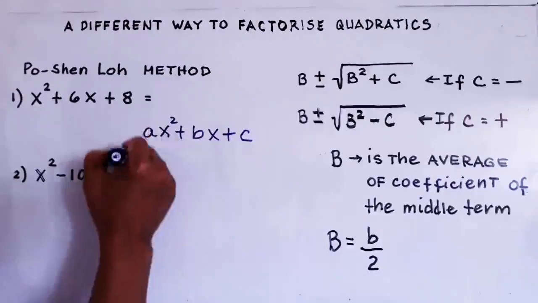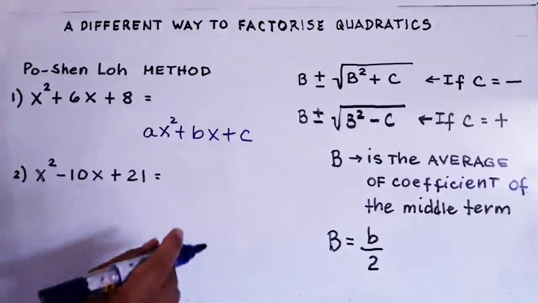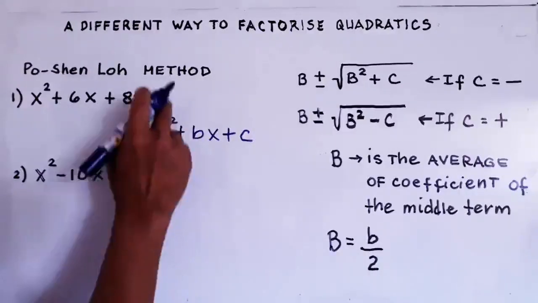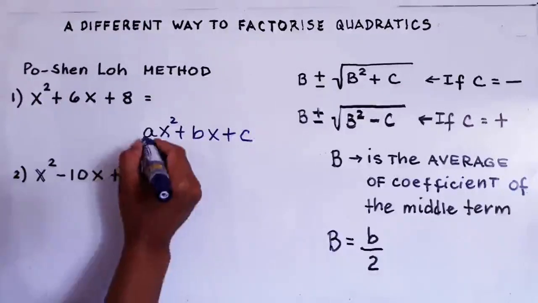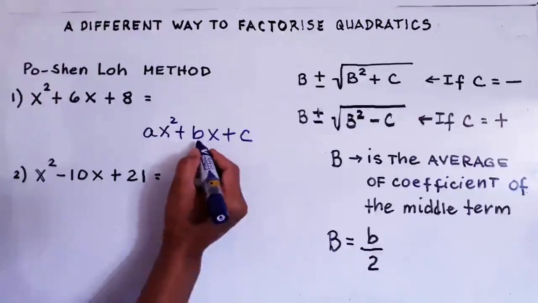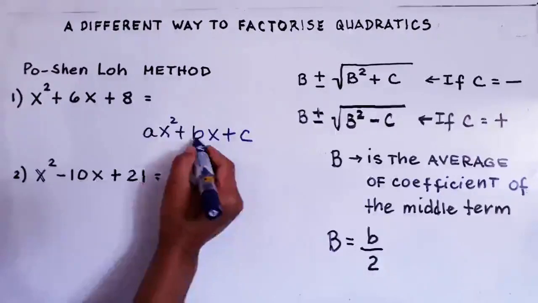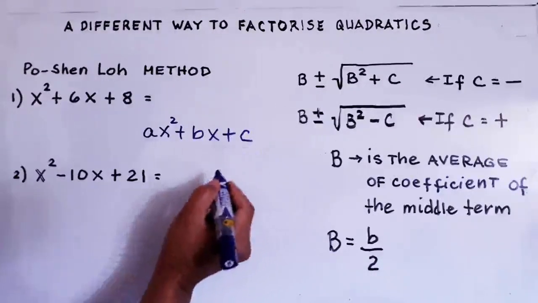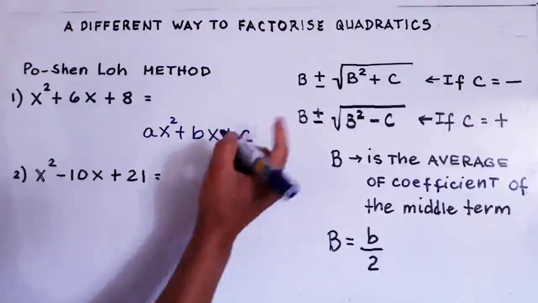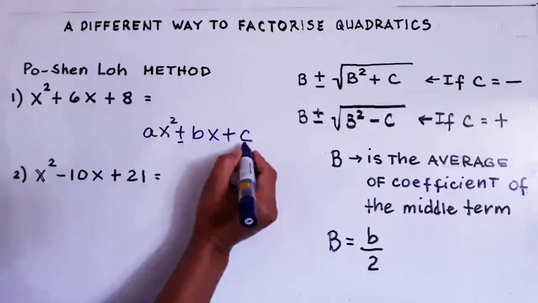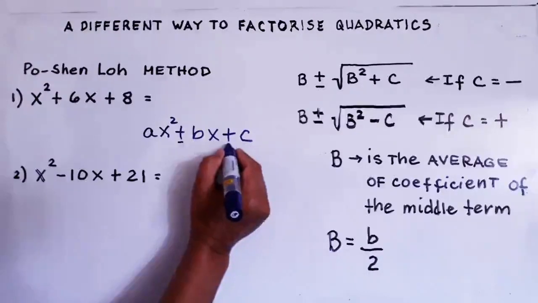But here we have only algebraic expressions because we don't have any term on the right side. So a is the numerical coefficient of x squared, b is the numerical coefficient of the middle term, and c is our constant. We need to take in our formula the sign of the middle term and the sign of the last term.